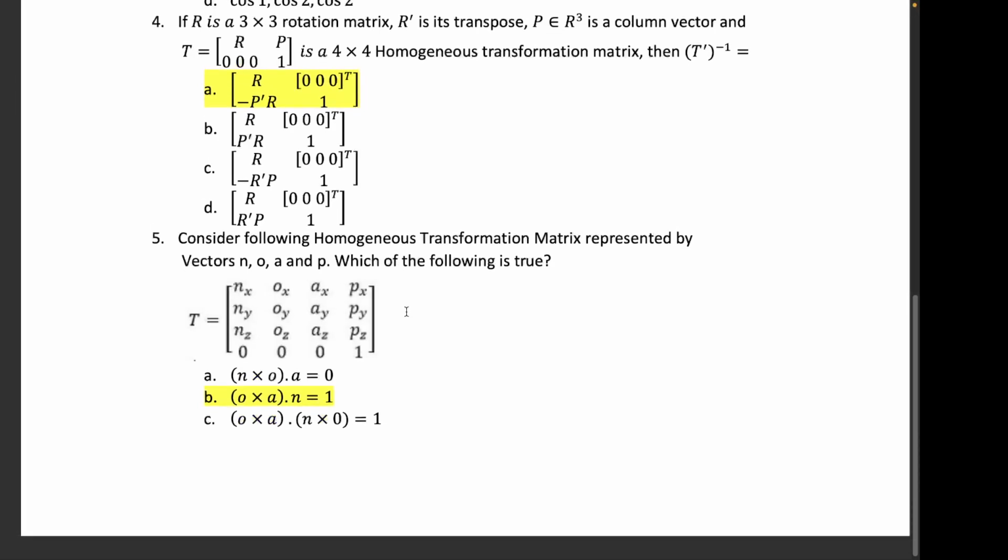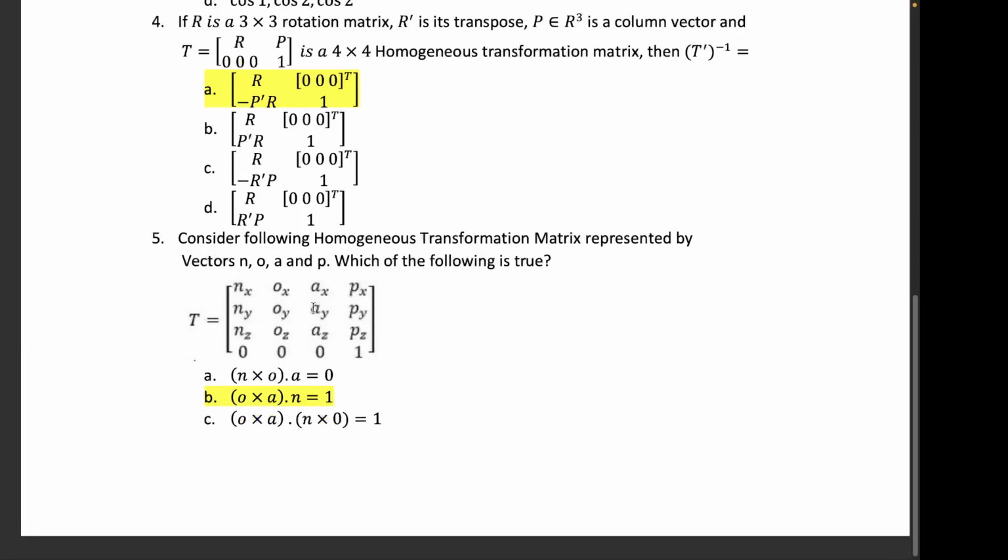The next question is also based on the same homogeneous transformation matrix. The 3 cross 3 matrix that we see here, represented by N's, O's and A's, is the rotation matrix component of the homogeneous transformation matrix.